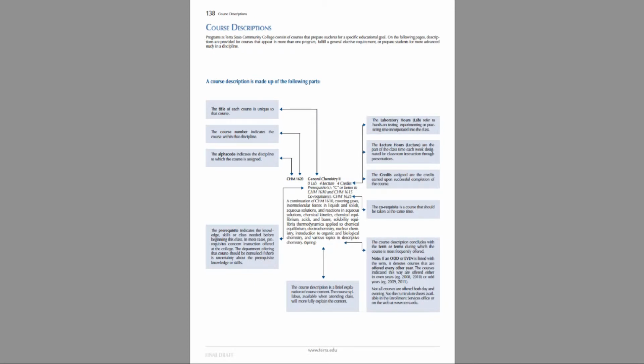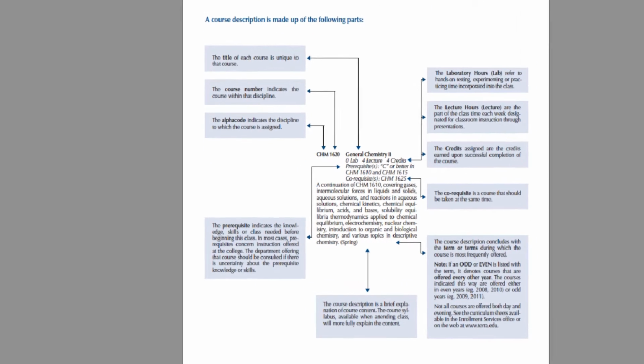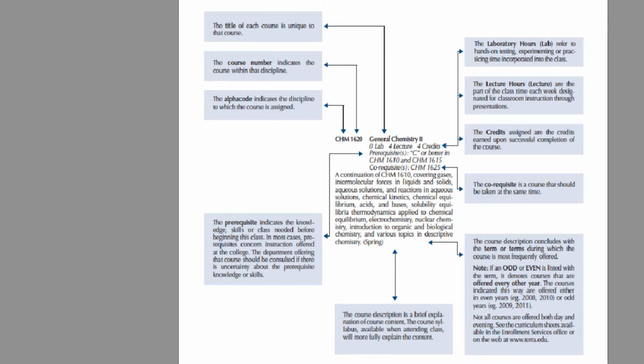We want to make sure you understand how to read the course descriptions. You'll notice that this is a CHM 1620, which stands for Chemistry 1620, specifically General Chemistry 2. We have 0 lab hours. There's 4 lecture hours for a total of 4 credit hours for this particular course.